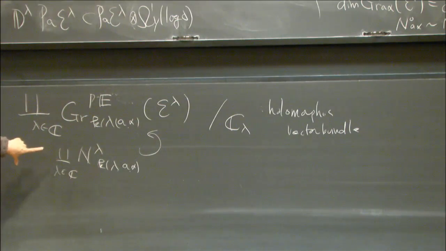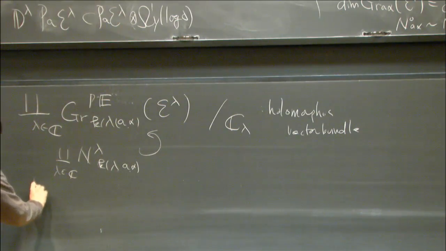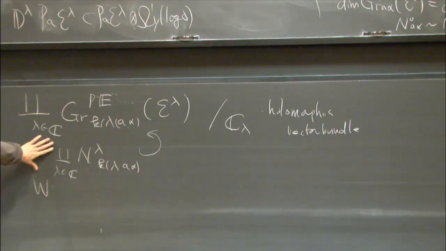And the conjugacy class is the same, so we have the weight filtration of this endomorphism given by vector subbundles.